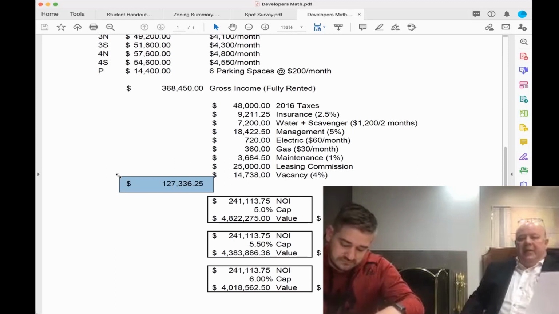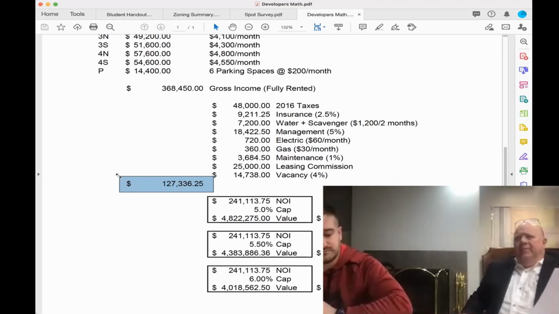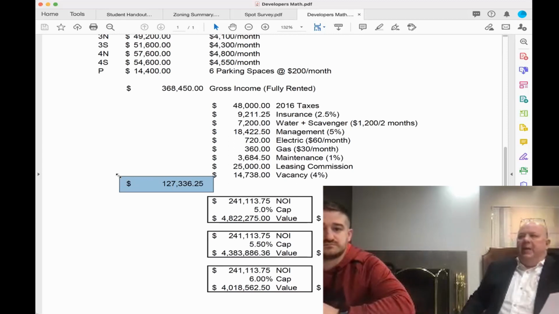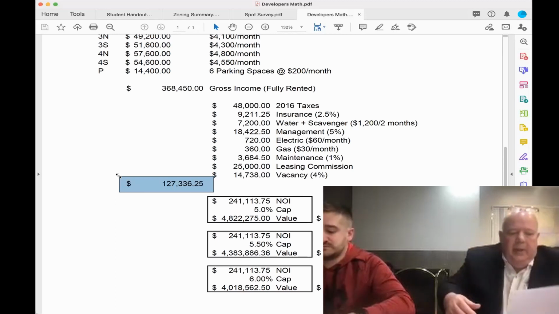His expenses are 34% of his gross income. On a newer building, it's 25 to 30%. On an older building, it could be 35 to 50% if the landlord's paying janitors, gas, and electric, because in an older building, they'll pay a lot of that. So he's right in there.